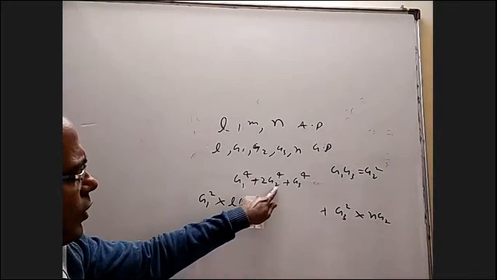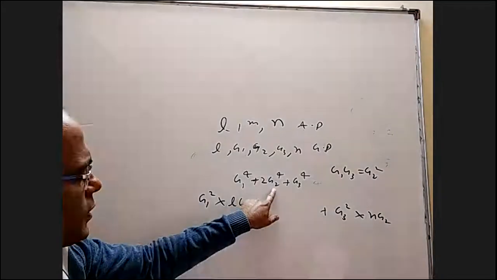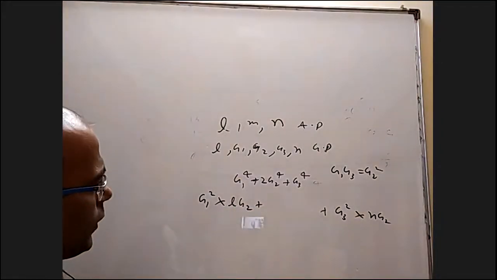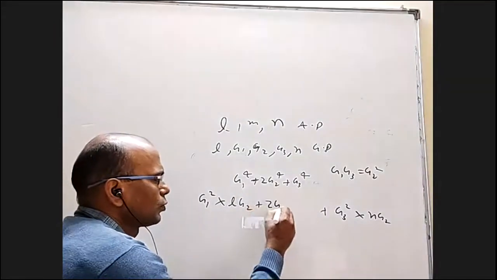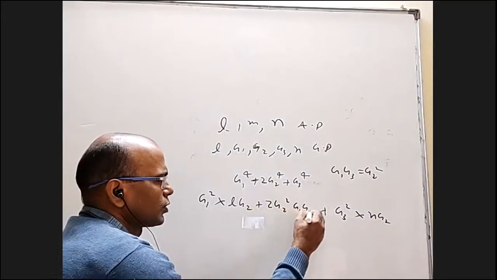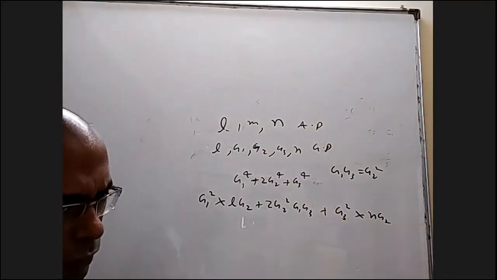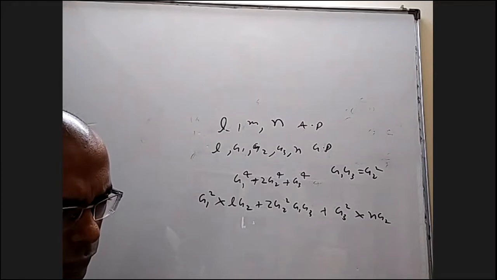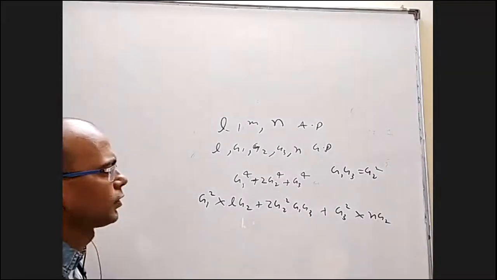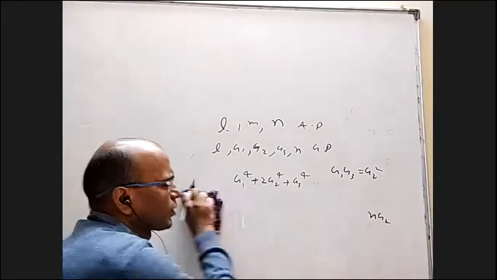I can also write one G2 square as G1 G3, but still I'm thinking here. Maybe I can do that. 2 G2 square, and let me write G1 G3. Sir, otherwise you can convert G2 power 4 as G1 G3 whole square and take perfect squares. Correct, you are right. That is directly a perfect square.